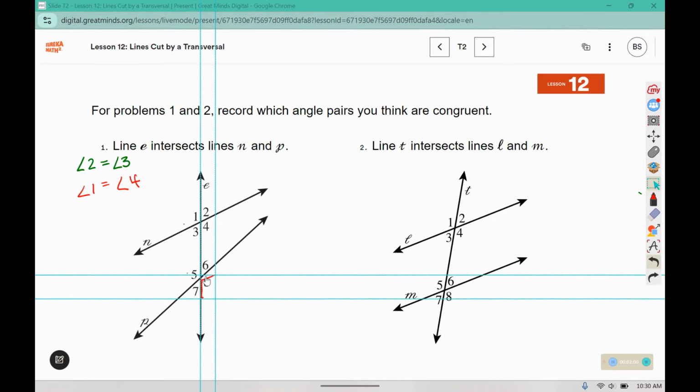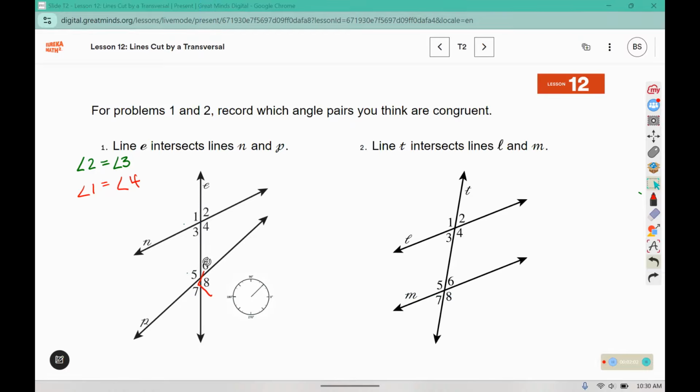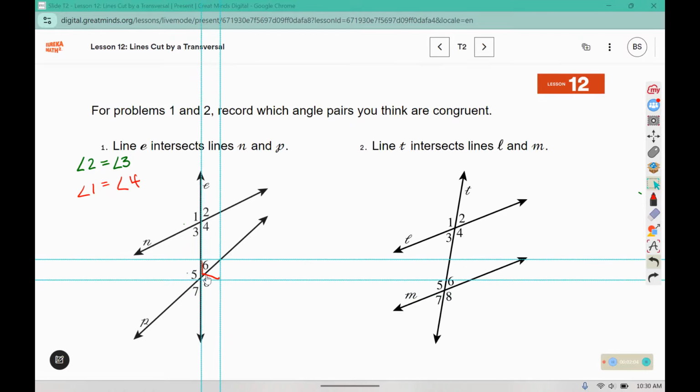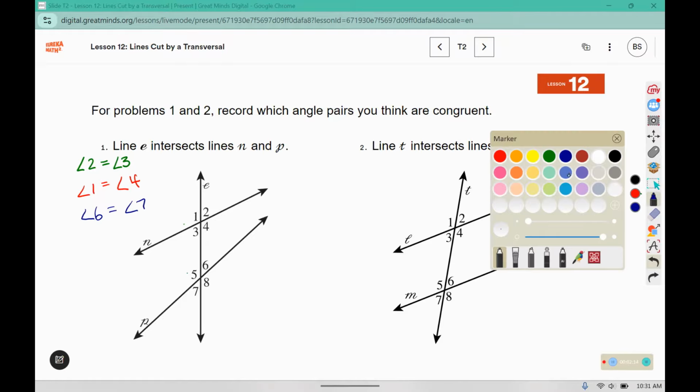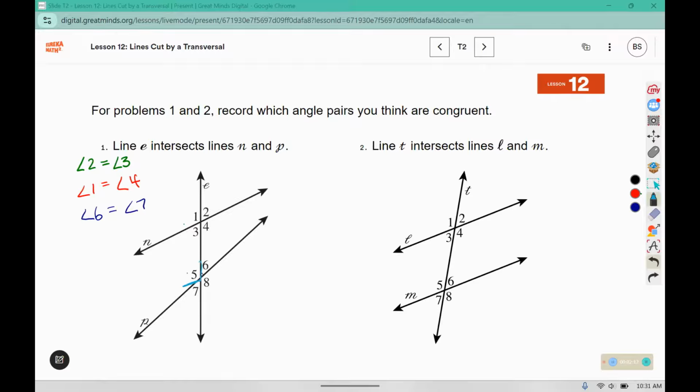It doesn't appear to be the same size as number 8. It's too small, and it's too big for number 6. But 6 and 7 would be the same size. And 5 and 8 appear to be the same size.